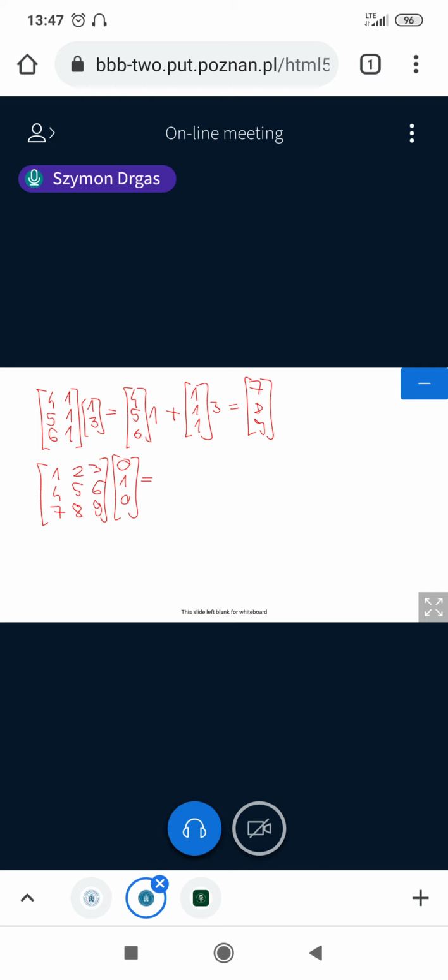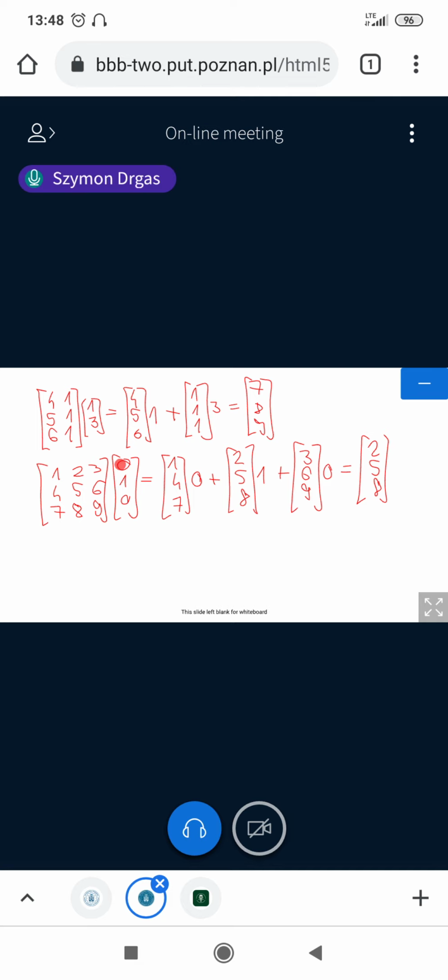Otherwise, it is not possible to do such a multiplication. So in this case, we have 1, 4, 7 multiplied by 0 plus 2, 5, 8 times 1 plus 3, 6, 9 multiplied by 0. So actually, the result will be the second column of this matrix, so 2, 5, 8.